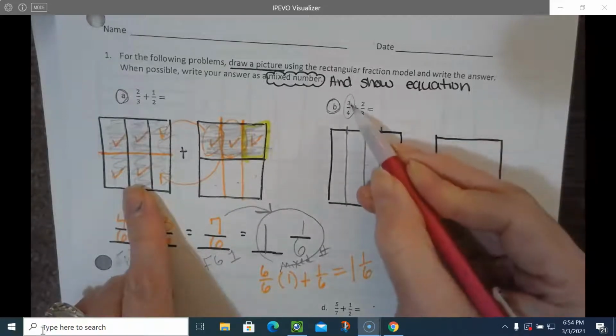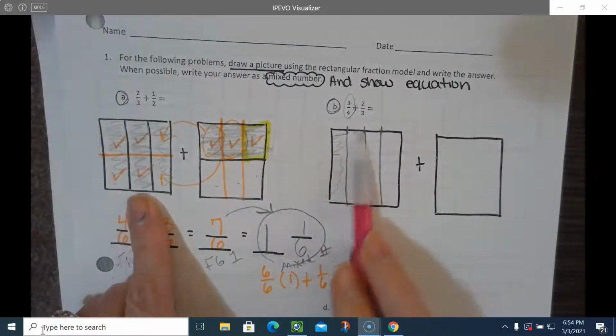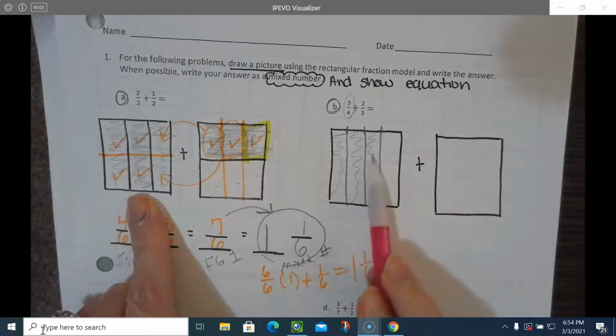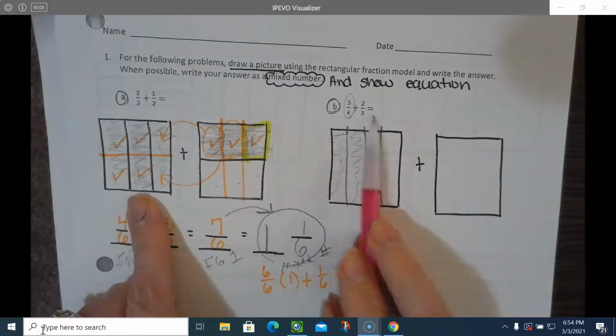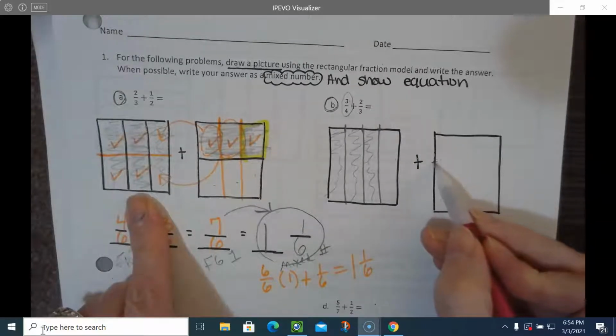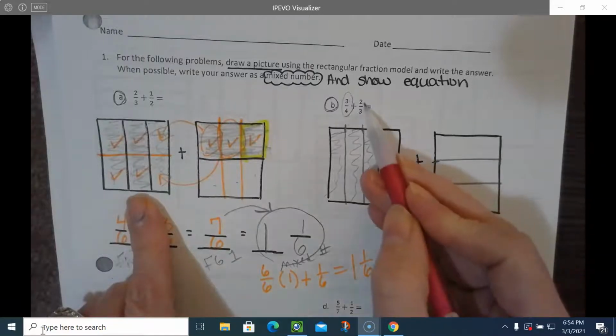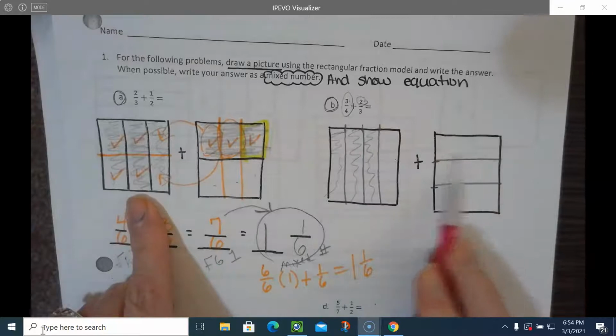And then I want to shade 3 out of 4 parts. And then 2/3, I'm going to split horizontally, going this way. So thirds, I make 2 lines and partition this over. And then I'm going to shade 2 out of 3 parts.